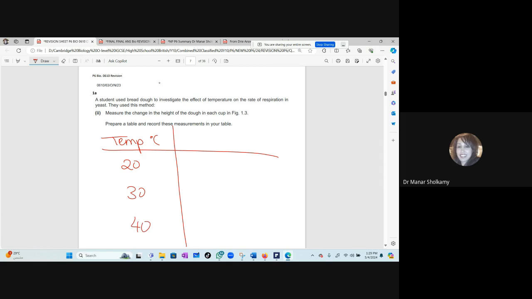Don't write 20 degrees Celsius, 30 degrees Celsius. It is already in the header. Good. The independent variable is always on the left side of the table. Now, on the right side of the table is the dependent variable, which is, let's read, measure the change in height of the dough. The change in height. Okay, the units in millimeters, and again, only once in the header.